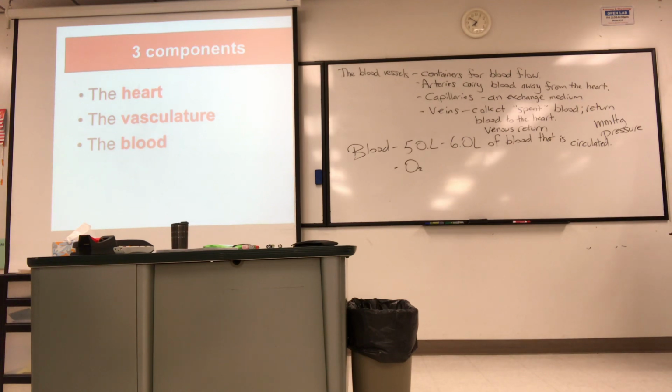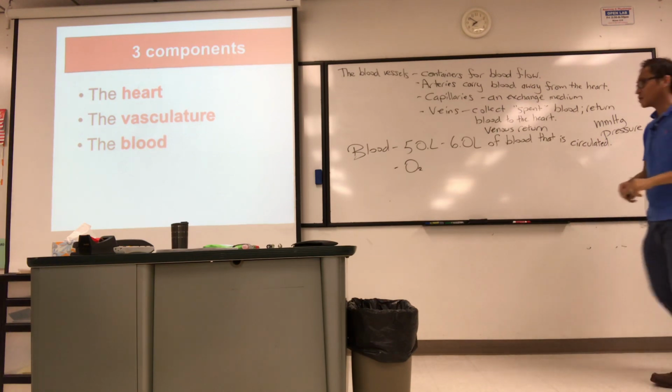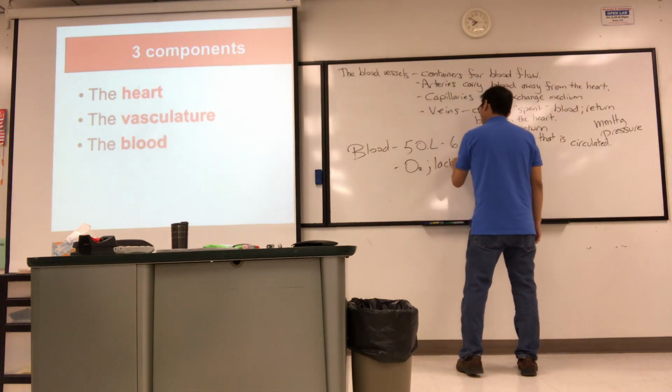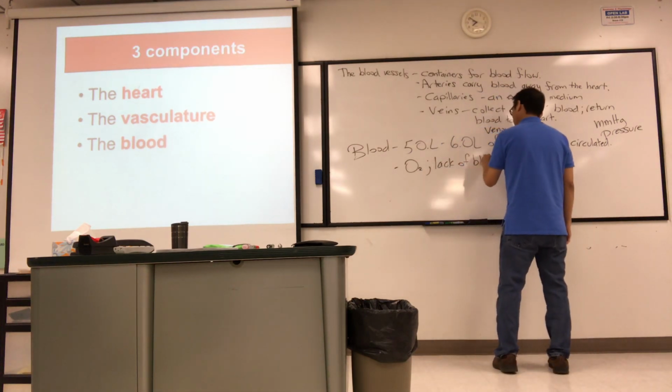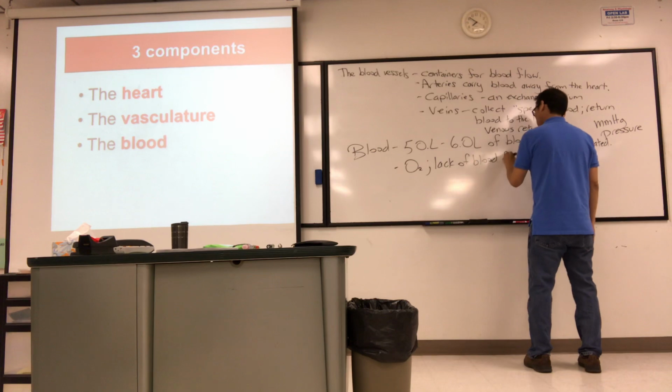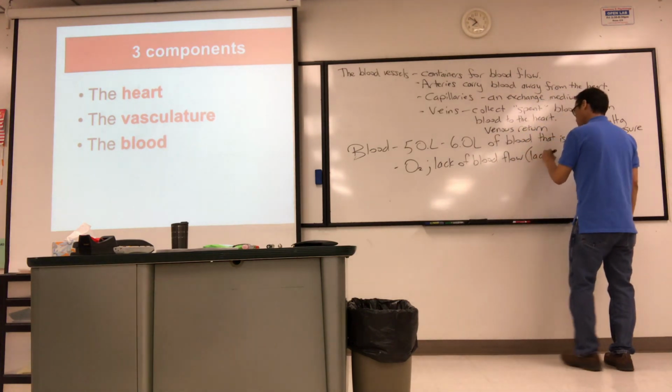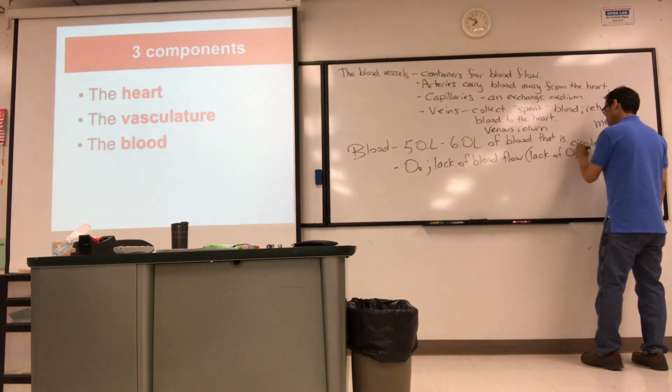If it happens in your brain, what do we call it? A stroke. It's a lack of blood flow, okay? The lack of oxygen is called ischemia. Lack of blood flow, basically, because you have a lack of O2, it's called ischemia.